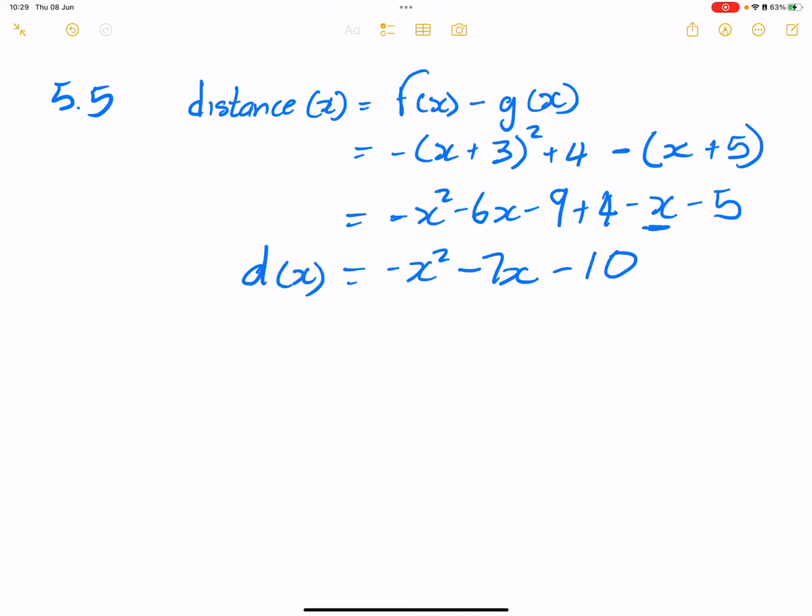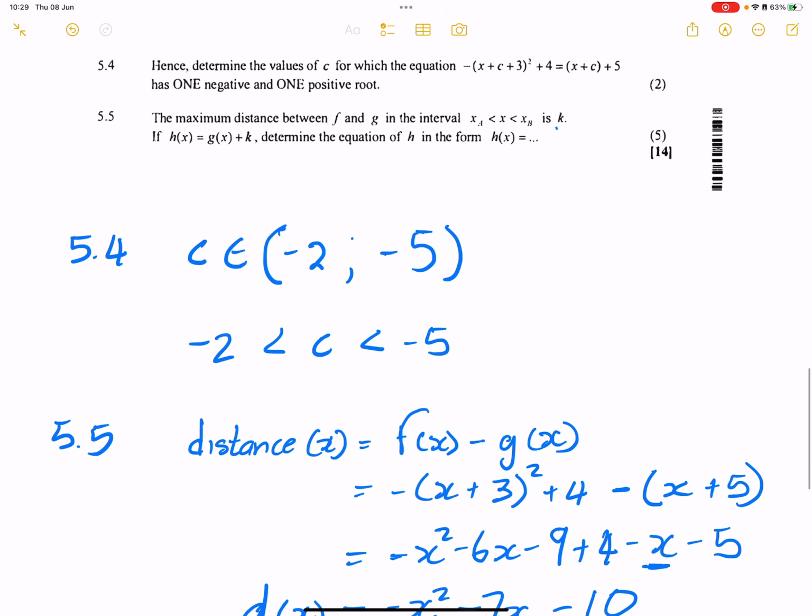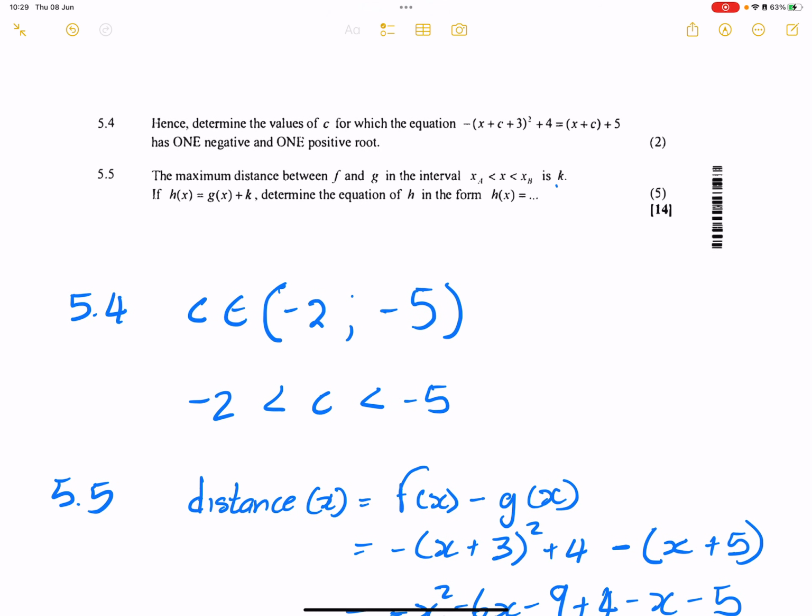Right, now they said to us we need to find the maximum distance. Now remember, where is it maximum in this case? They said to us k is that maximum distance between the two. Now where would it be maximum?